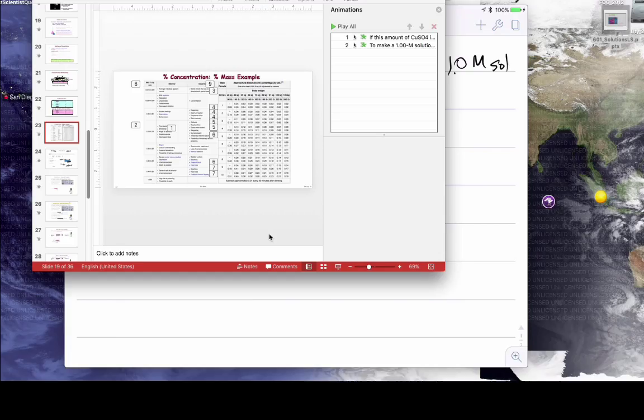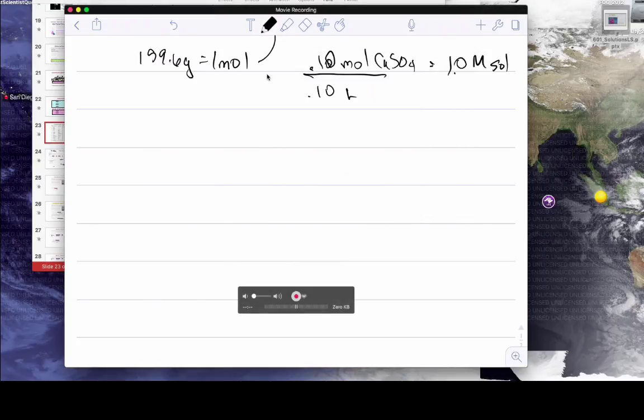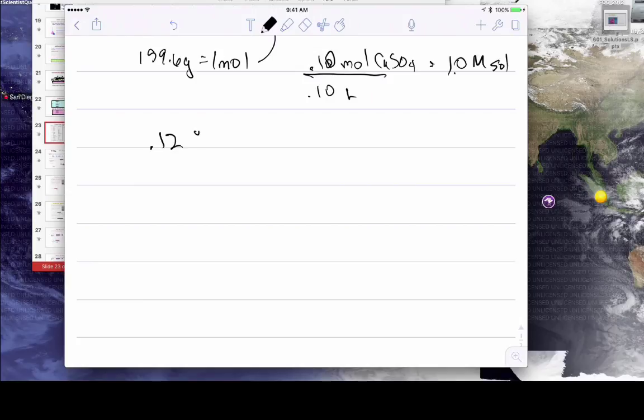Well, let's see if we can do that calculation. We have a 0.12% blood alcohol level. We have a person that has 4.7 liters of blood, and the question is the amount of alcohol.